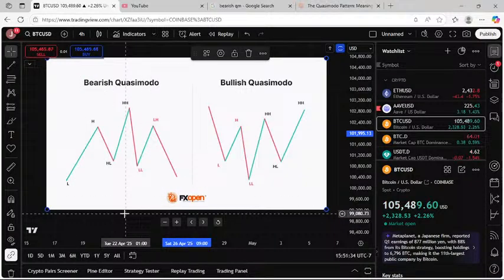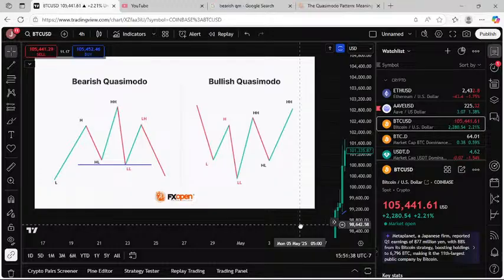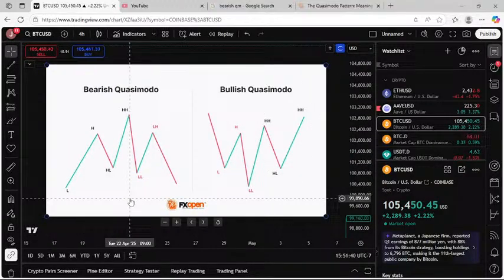Do you have any questions about that particular formation? Give it a second here.